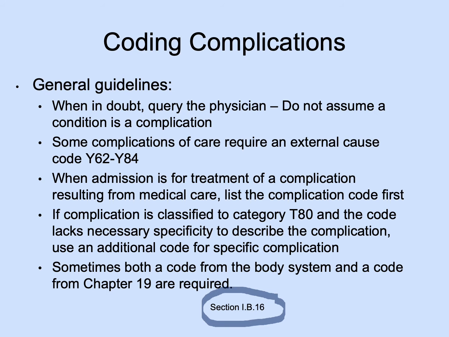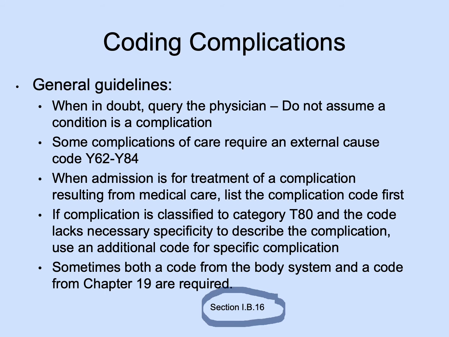When an admission is for treatment of a complication resulting from medical care, list the complication code first. First of all, you say, this is a complication, and then you say, and this is what the actual specific complication is. If the complication is classified to a category T80 and the code lacks necessary specificity to describe the complication, use an additional code for the specific complication.